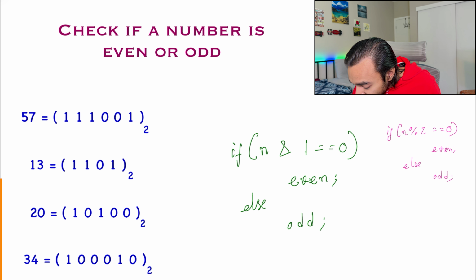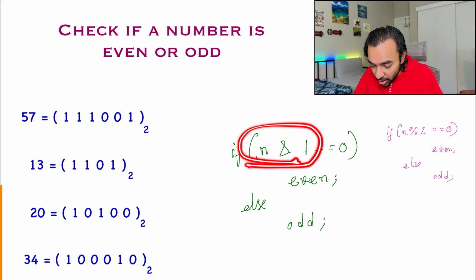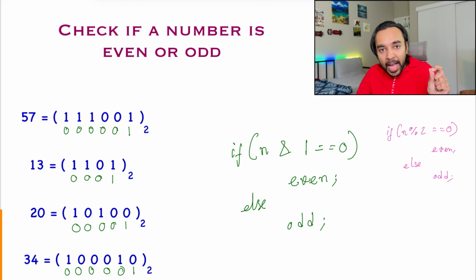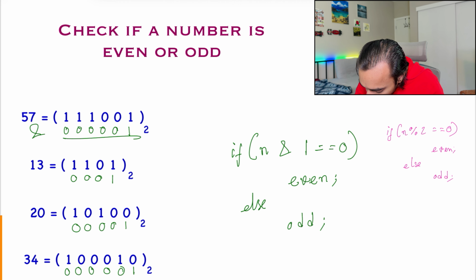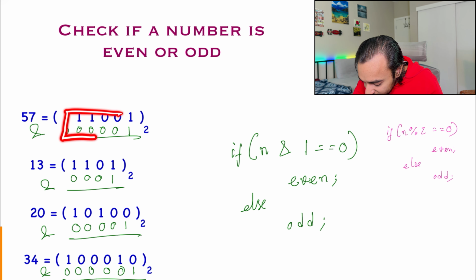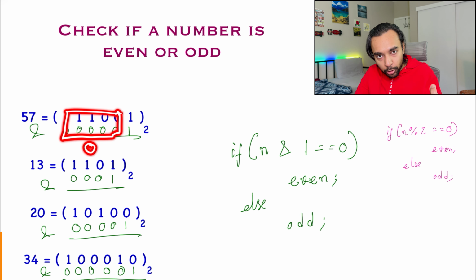Yes, because when you do this particular calculation, what is actually happening? For each of these numbers, you are trying to AND it with 1. All of the remaining bits will be 0. And when you do an AND operation on each of these numbers, what do you get? Since all these other bits are 0, they all turn out to be 0.